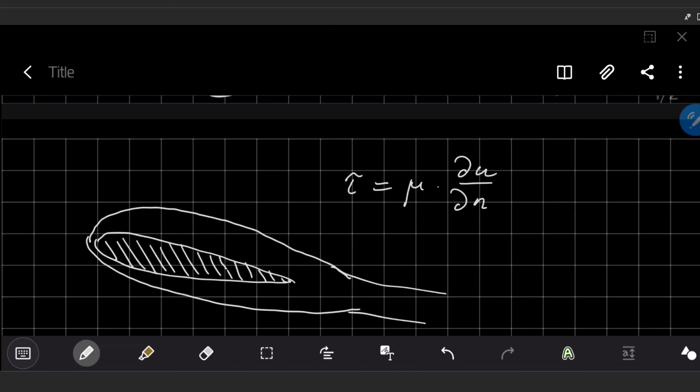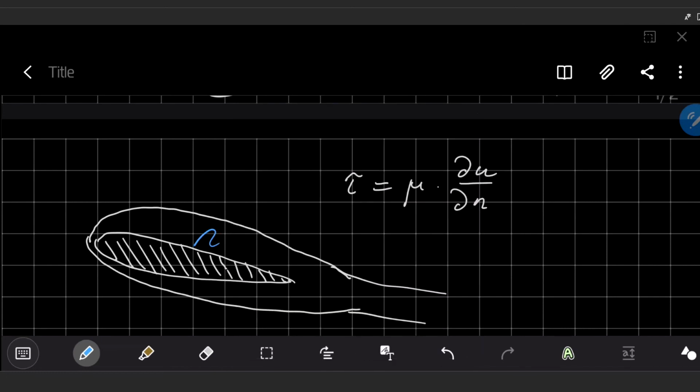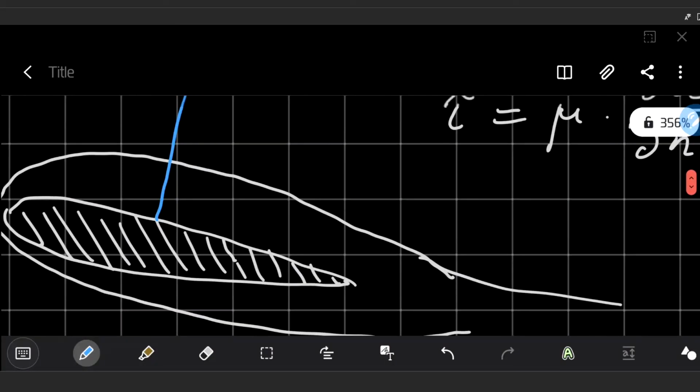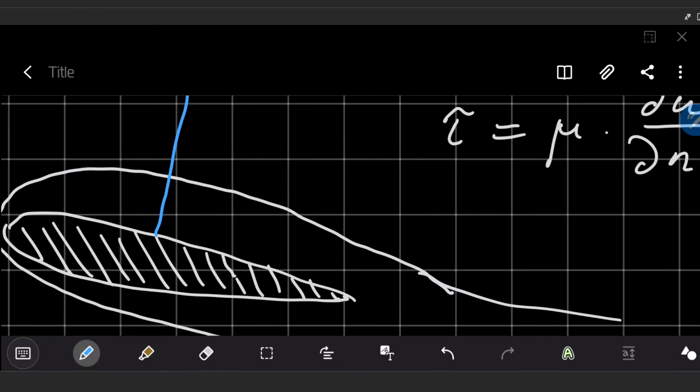So at any arbitrary point, we take the normal direction, and we will see the velocity profile. Okay, this is the velocity profile.